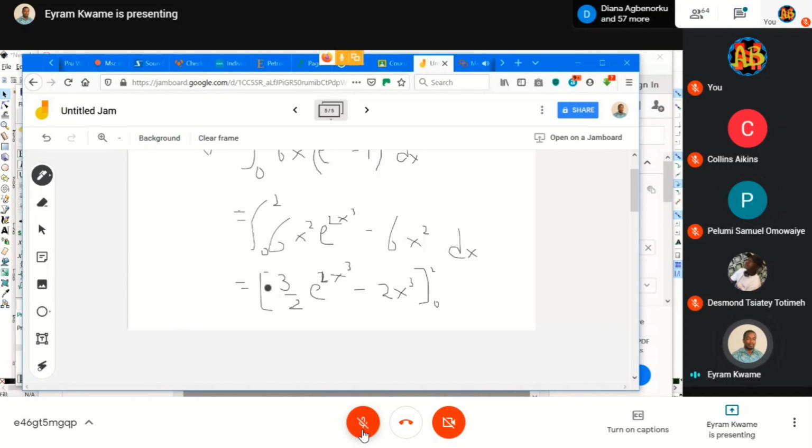Please hold on, there's something not right. If you differentiate this, you get 6x squared, so you should cancel all the 6. This should not be there.